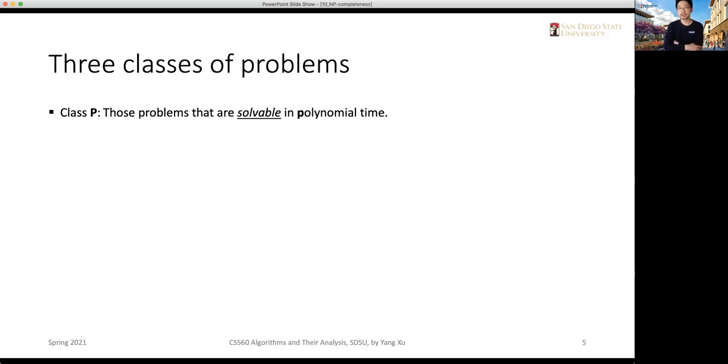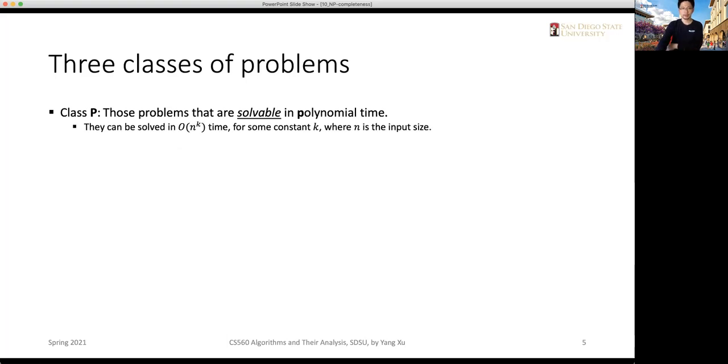So the first class is called P. Okay, and the letter P means that those problems are solvable in polynomial time. And the meaning of polynomial is something we explained, right? It's basically n to the power of something constant. Okay, as long as we can solve the problem within that polynomial time, then we say this type of problem is class P.